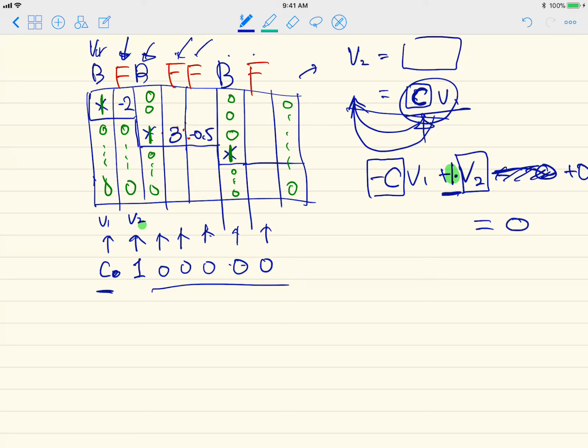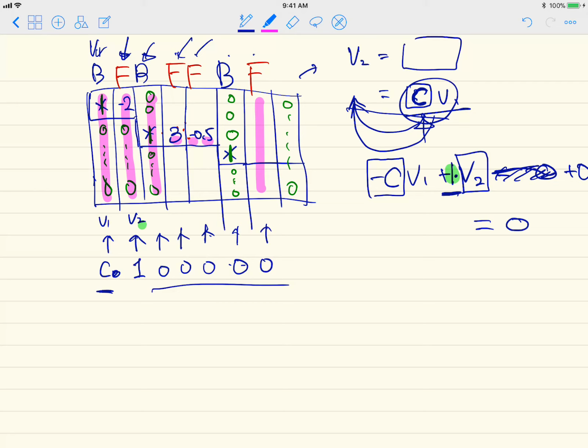So remember, let's think about this equation as a vector equation. We have this vector, and then we have this vector, and for the other vectors, all the way through the last variable, they are set as zeros.